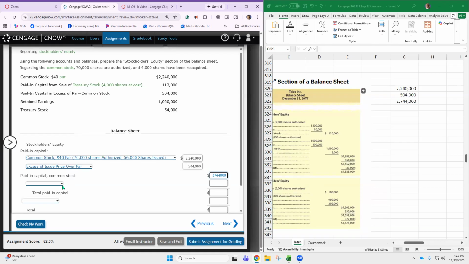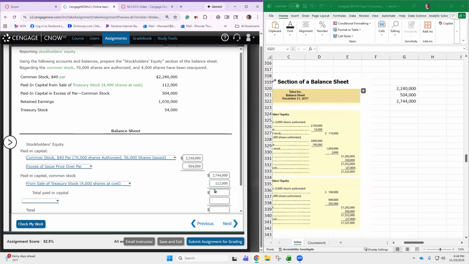Okay, do we have any other accounts that say paid in capital? Yes, we do. We have one from sale of treasury stock. We had a profit from having treasury stock, and we were able to sell it to help out our capital, and it's 112,000, right?